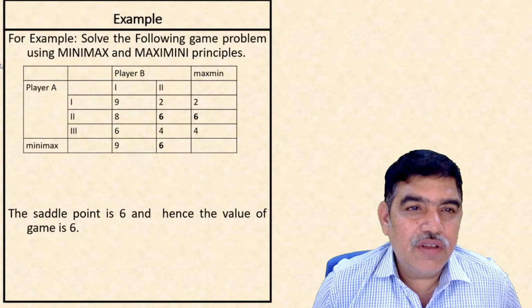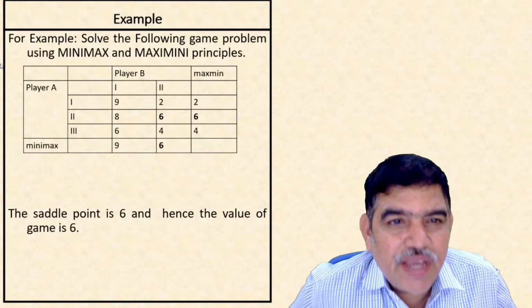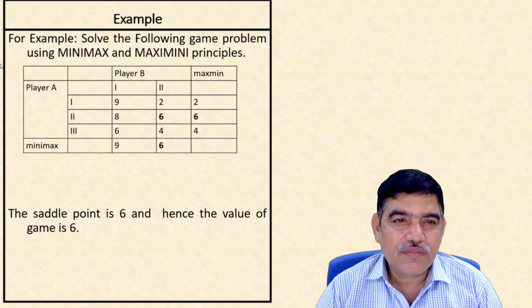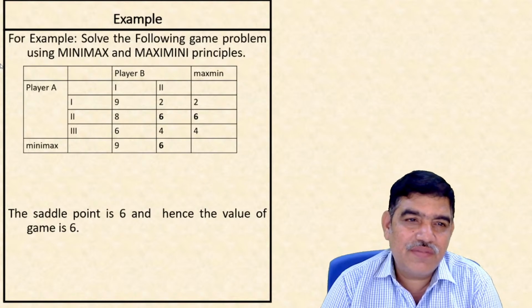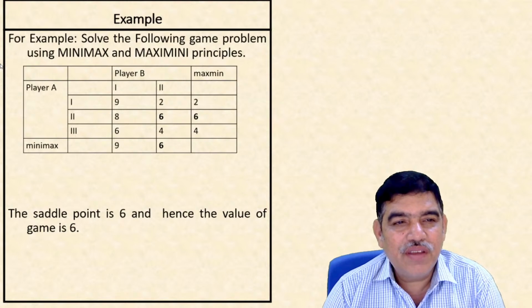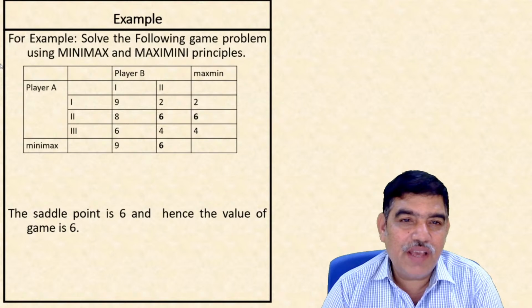For example, solve the following game problem using minimax and maximin principles. In this example, there are two players, player A and player B. Player A consists of 3 strategies and player B consists of 2 strategies.